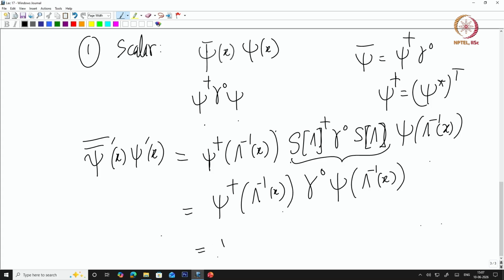So psi bar of x into psi of x is invariant under Lorentz transformations, and this is called a scalar.